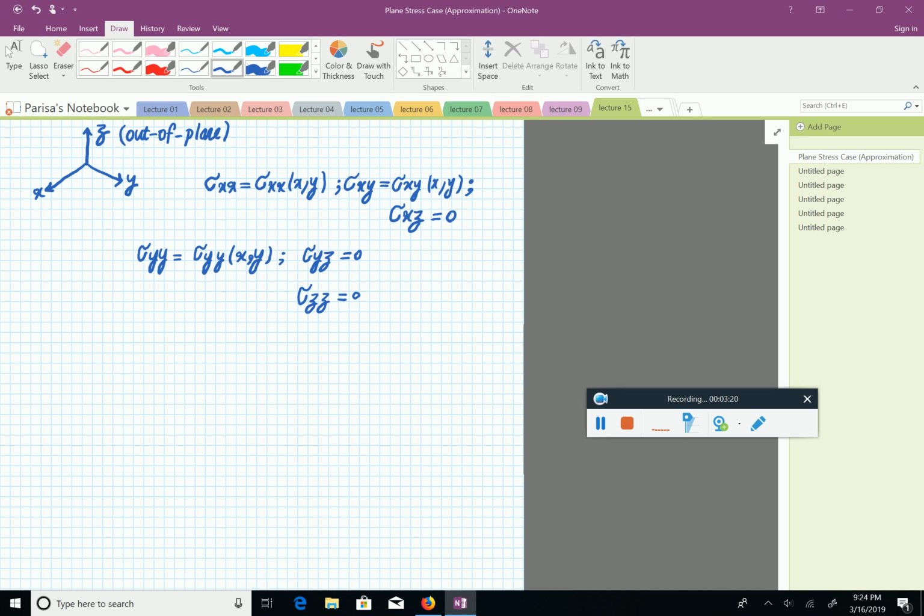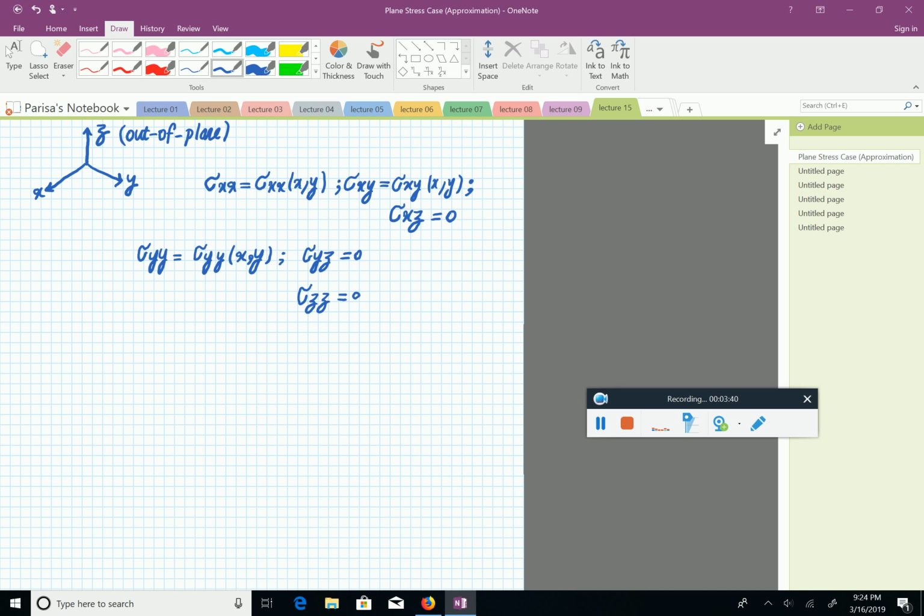If you remember, when we were defining plane strain, we defined it using displacement. We said the out of plane displacement component is going to be 0. And then we derived the formulation.